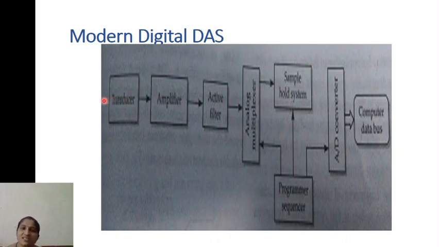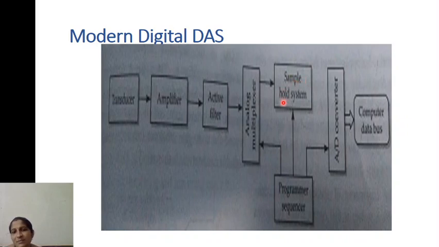Initially input is given to the transducer, and the output electrical signal is amplified by using the amplifier. If there are any harmonics, they are filtered by this active filter, and this is given to the analog multiplexer. This multiplexer will take several inputs and provide only one output that is given to the sample and hold system.